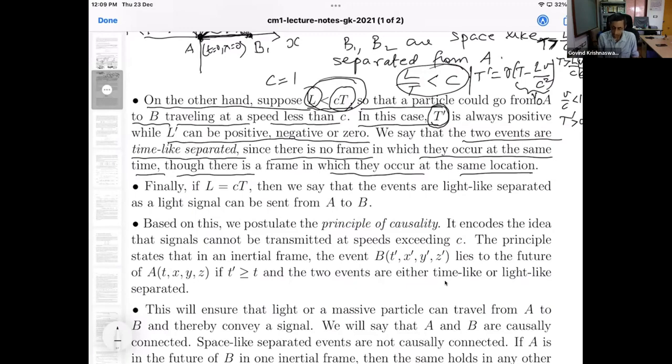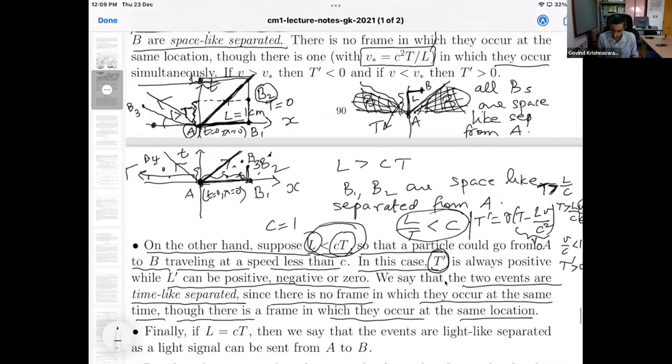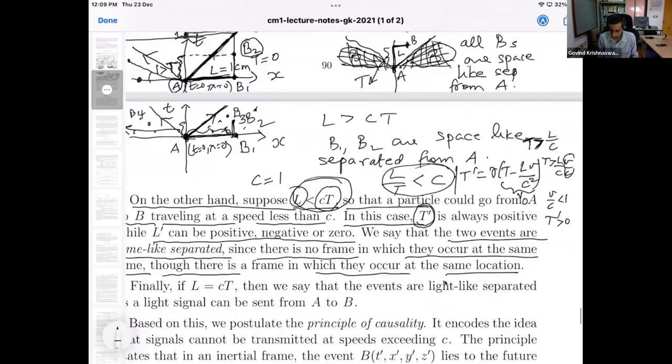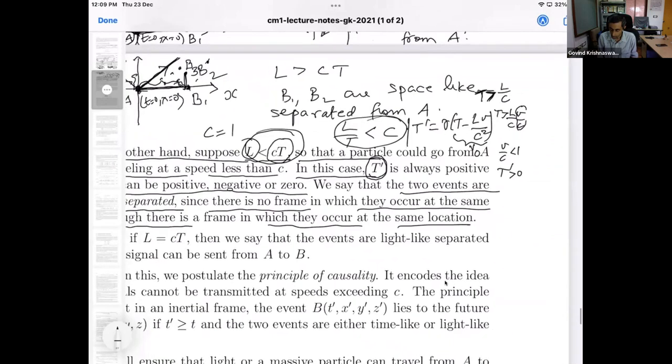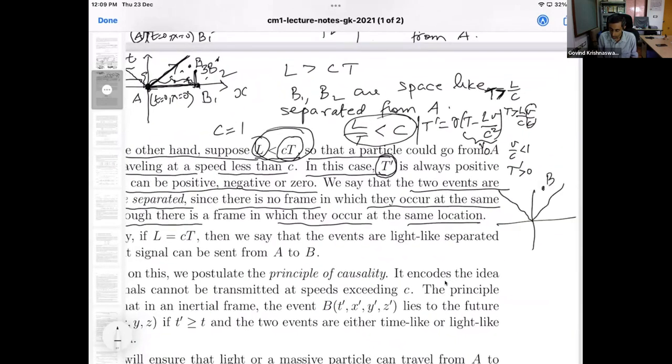All right. Final case. So in the picture, let me redraw the picture. It got very congested. So events like this B, or even the B that's up here. This B is also time-like separated from A, because in the frame considered here, B and A are spatially at the same location. L is simply 0.